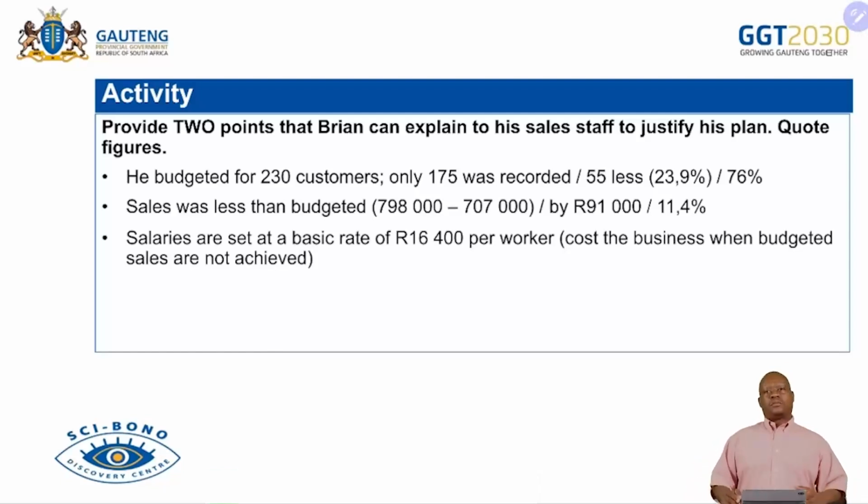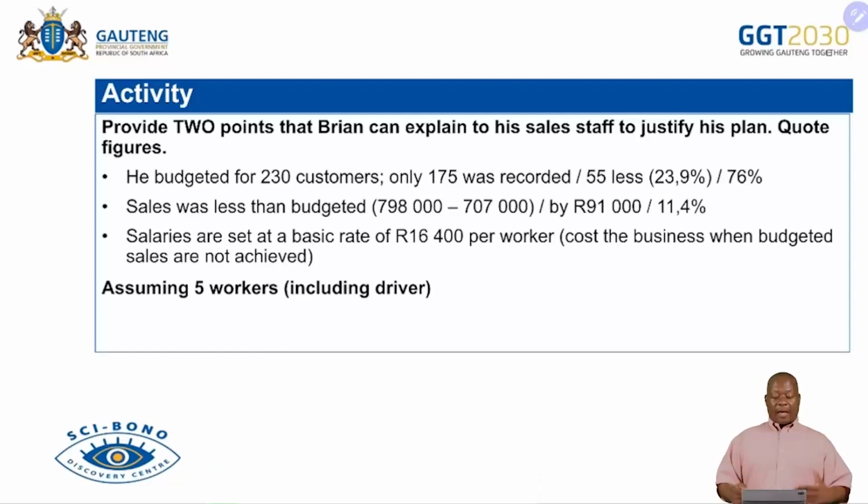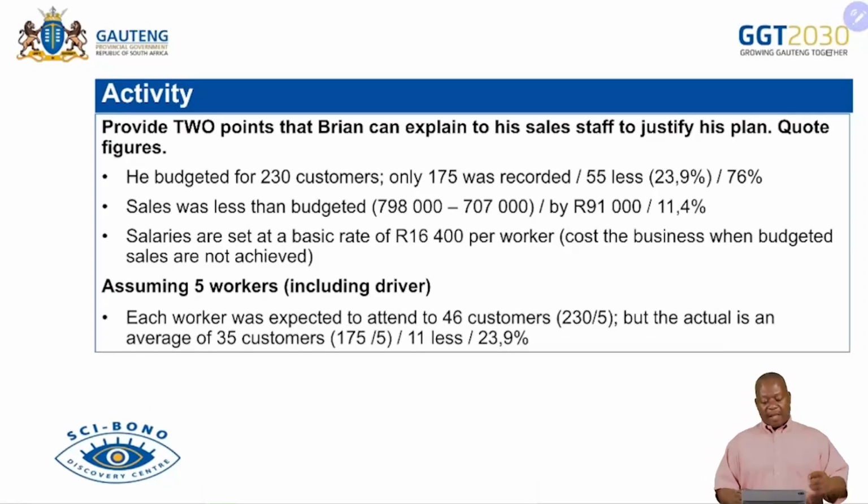No. So what does that mean? The only way the owner can save is to take one off. So it means less people to pay because they are doing less. And that is assuming the 5 are working, including the driver. But also, we can even say each worker is expected also to attend about 46 customers.